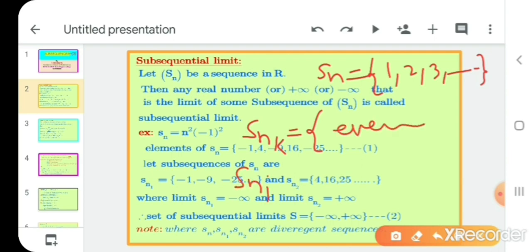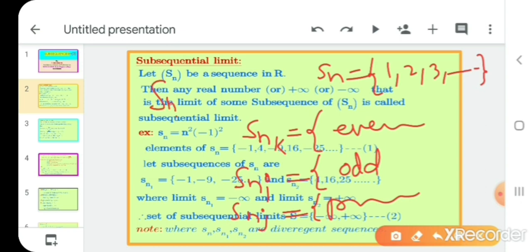Another subsequence Sni, with only odd numbers. Another, Snj, with only prime numbers. Another, Snl, with only composite numbers. Another, Snm, with only multiples of 4, that is 4, 8, 12, like that.